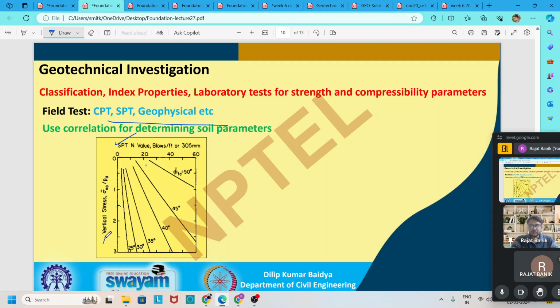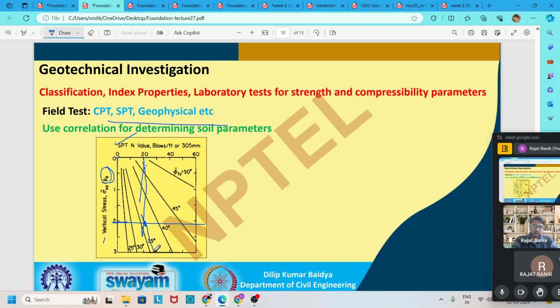The vertical stress is converted into a ratio with atmospheric pressure. So we first have to calculate the vertical stress at a given depth. Say it is 2, that is this line for vertical stress. And if the number of SPT blows for a particular soil is 20, and we draw a line here, the intersection point gives the angle of internal friction.